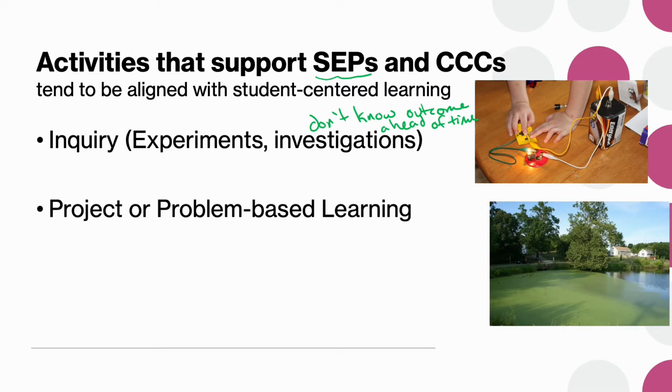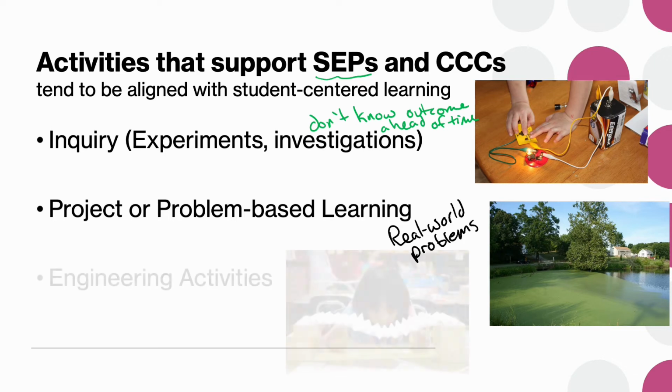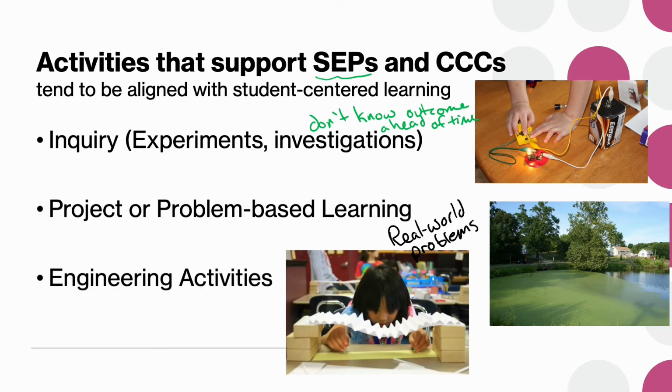Or project or problem-based learning, where you take real-world problems that involve more than just science, but also involve society. They involve math. They might involve reading and persuasive speech, and you tackle those all together. Or engineering activities, where you are trying to optimize a design solution to solve a problem.